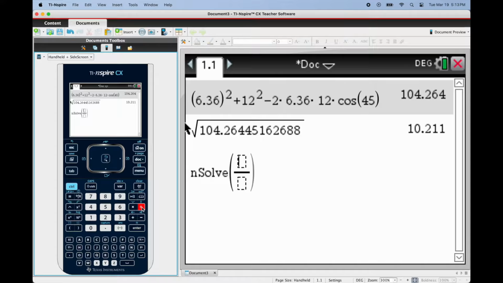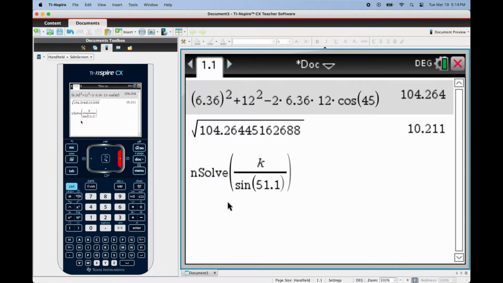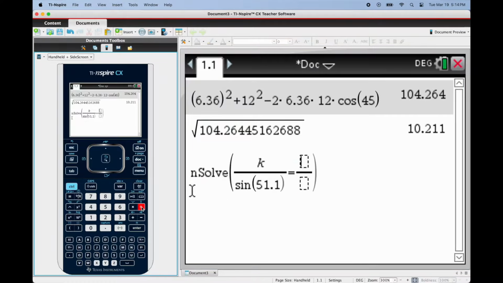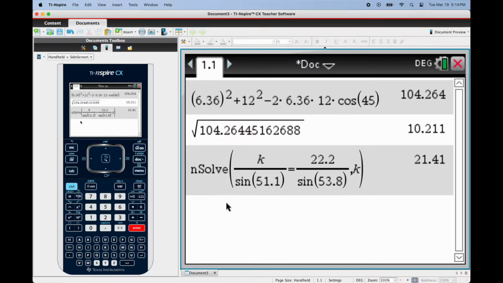Okay, let's put in K. Let's use these values: sine 51.1 equal to, and then we have another fraction, 22.2 over sine 53.8. Too few arguments. Okay, I'm sorry, I need to tell the calculator what to solve for. 21.41. Okay, so let's go back to the document.